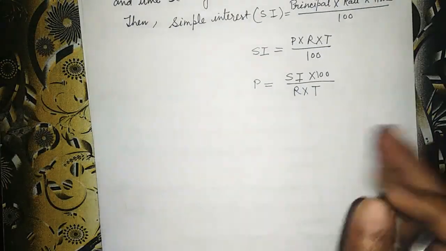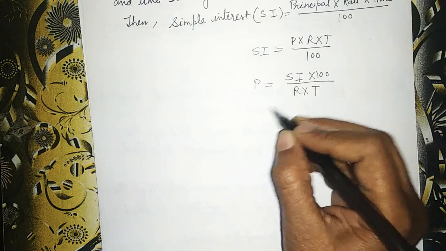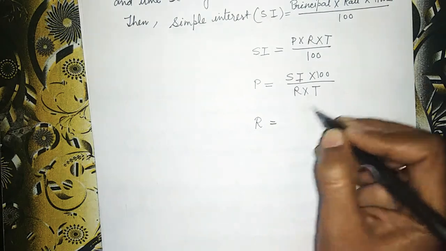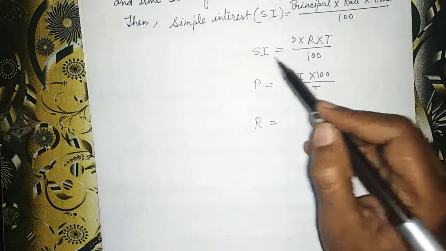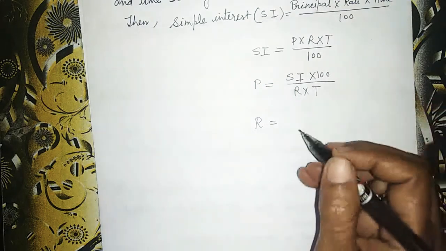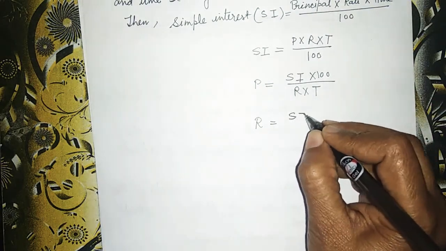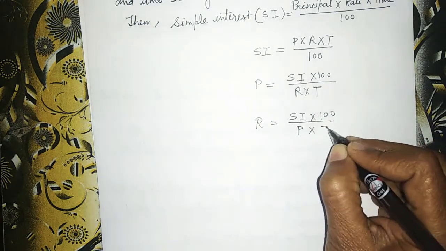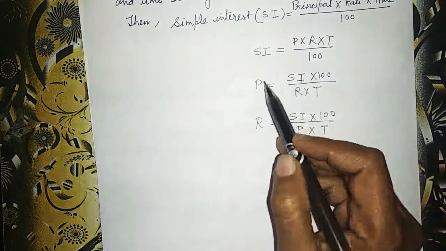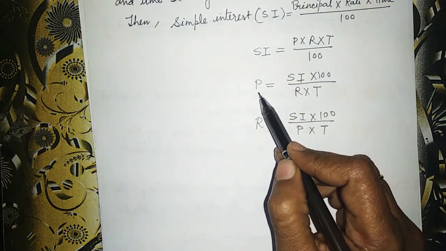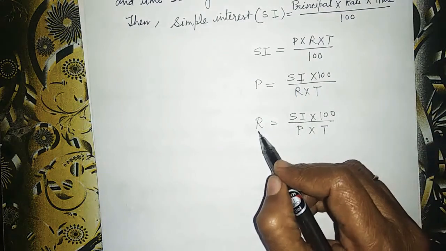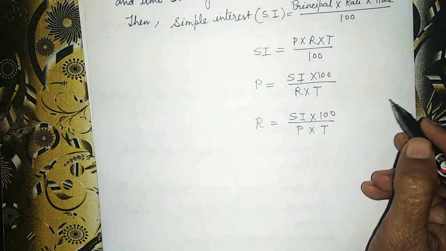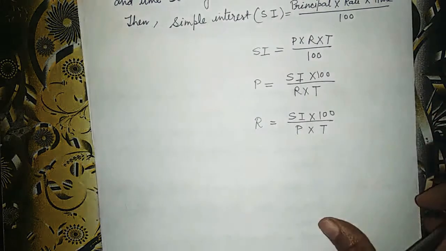After this, children, if you want to calculate rate, okay, so formula will be R is equals to SI into 100 upon P into T. Okay, SI into 100 upon P into T. Okay, your principal will come in rupees. Okay, and this rate will come in percent per year. Okay, per annum.